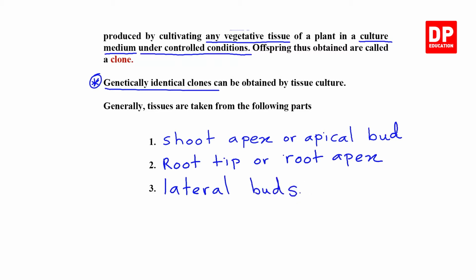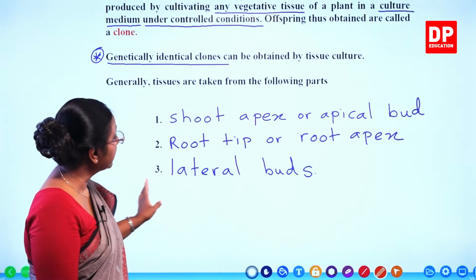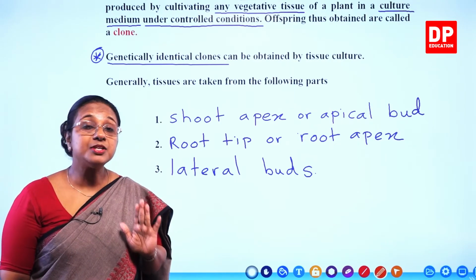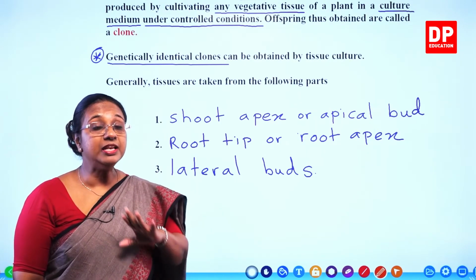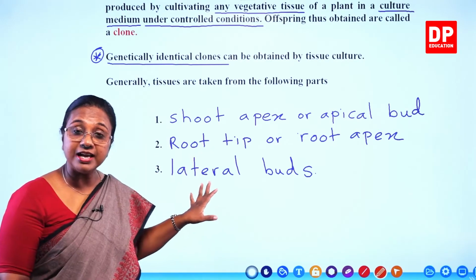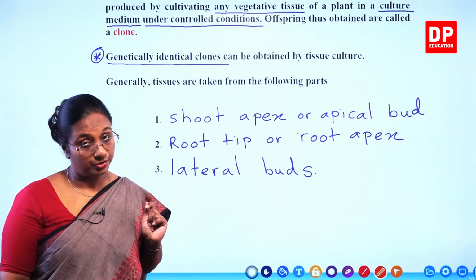So shoot apex or apical bud, then we can use the root tip or the root apex as well as the lateral bud. Those are the parts of the plant that are involved in growth mostly. So then the tissues can easily divide and form the new clone.